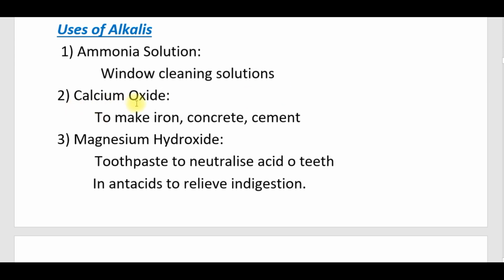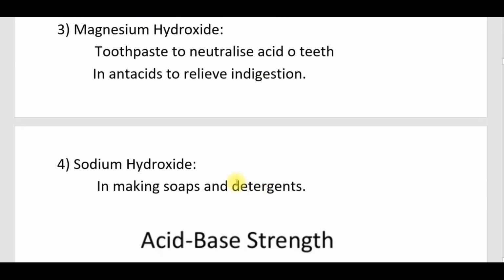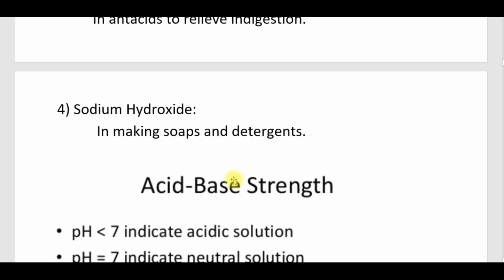Next is calcium oxide, an alkali which can be used to make iron, concrete, cement, etc. Then magnesium hydroxide: our toothpaste mainly consists of magnesium hydroxide to neutralize the acid on teeth, and it is in antacids to relieve indigestion. And sodium hydroxide is used in making soaps and detergents.